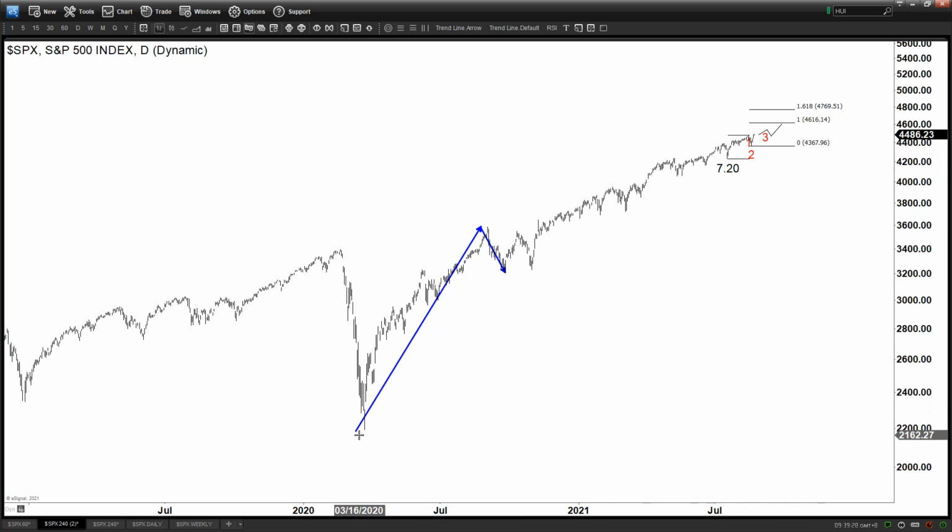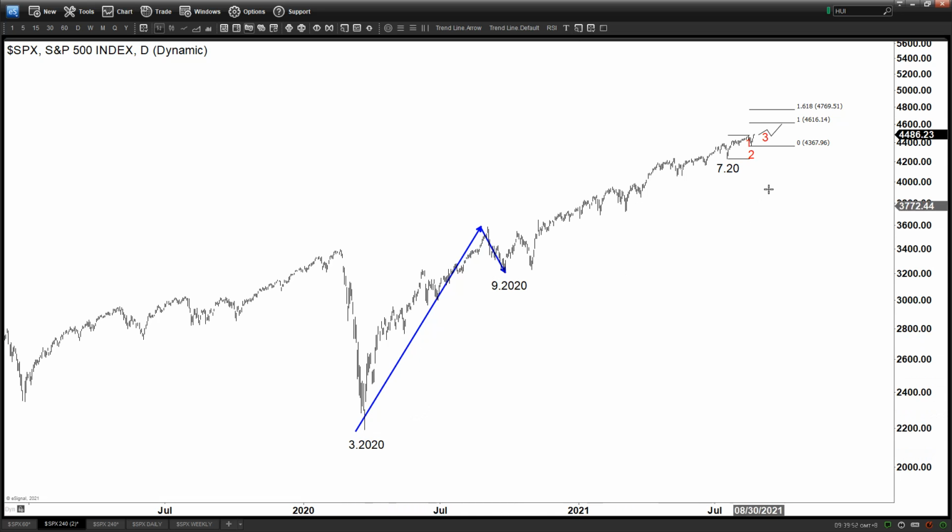And it looks to me we are still extending higher from this March 2020 within the cycle that started from September. We are still within that cycle as the third swing, if you look at it from the March low.